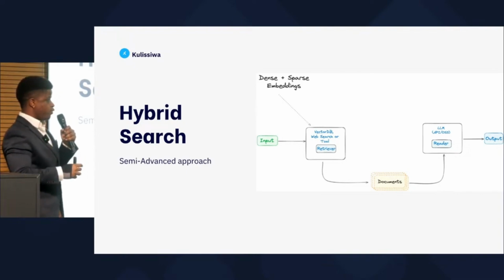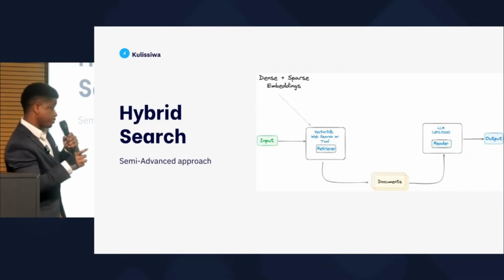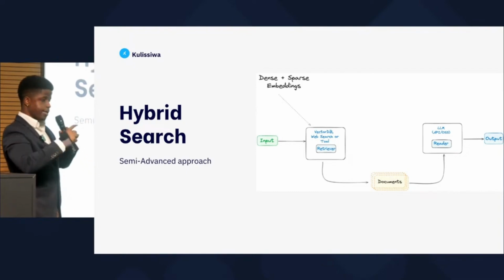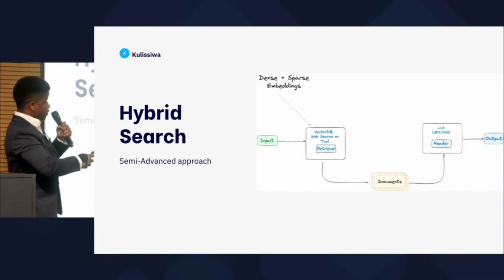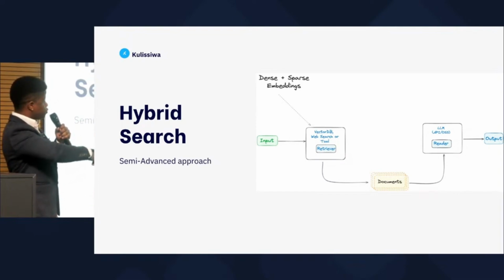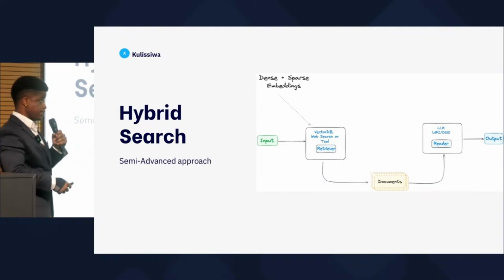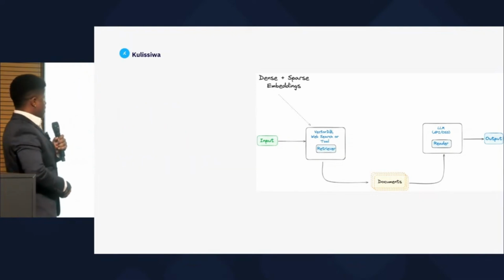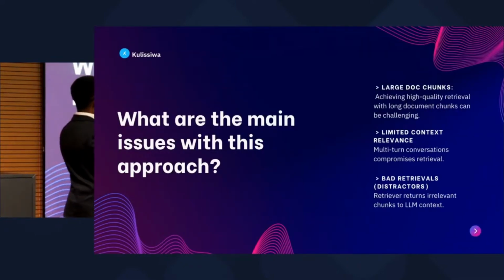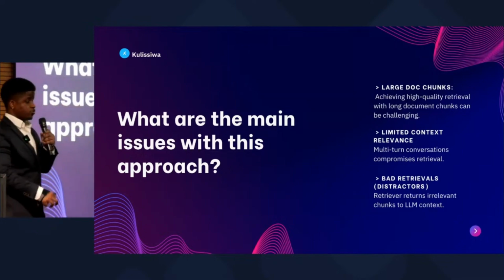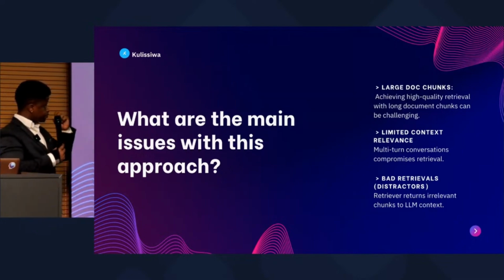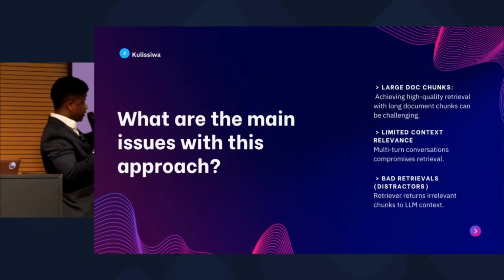So for example, if you're looking for the keyword doctor in your queries, the retriever will be able to find those chunks much easier if it has a hybrid search mechanism. But this doesn't necessarily address all of these problems. It addresses number one. But you still have three others.